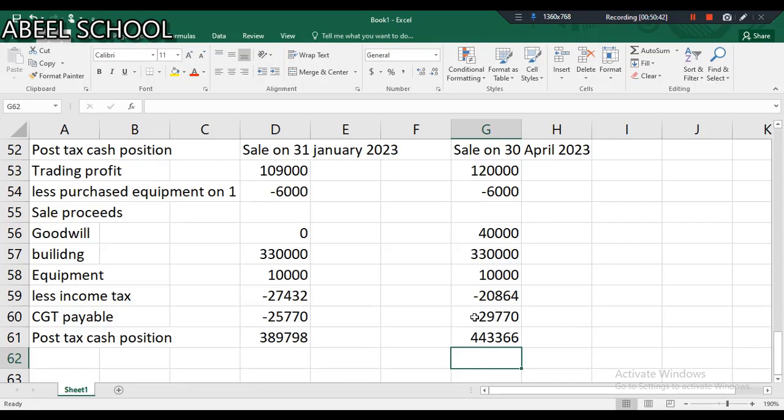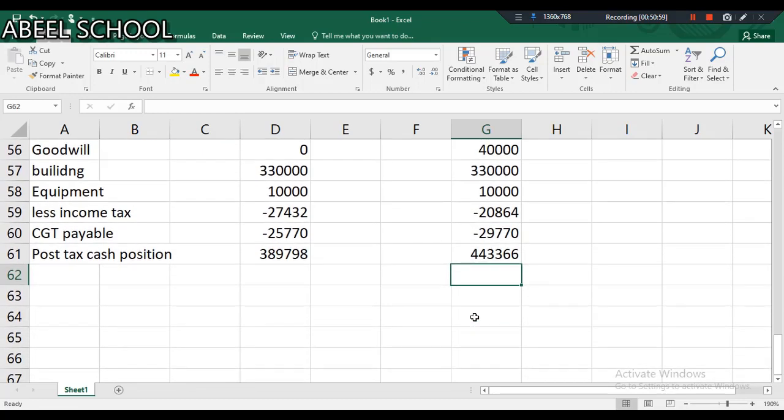That's great. So it can be seen financially, it is better to delay the sale until 30th April 2023. So definitely that is better. Let me write one thing.